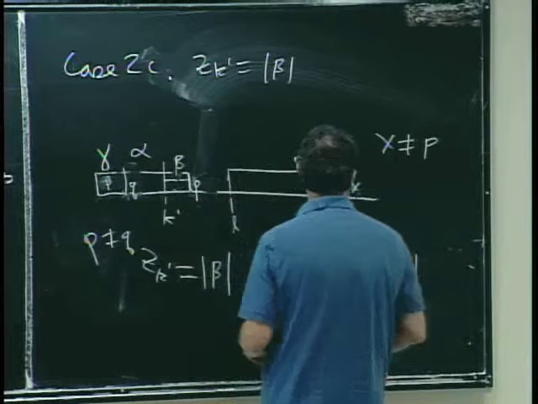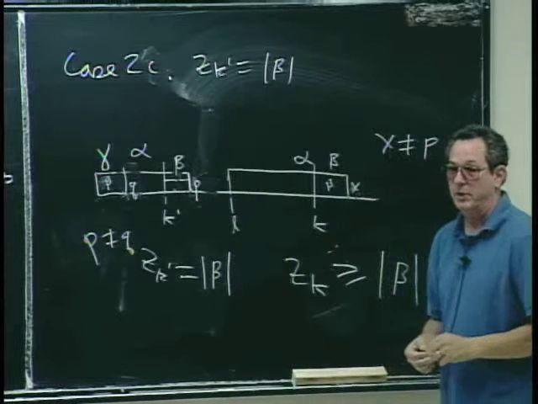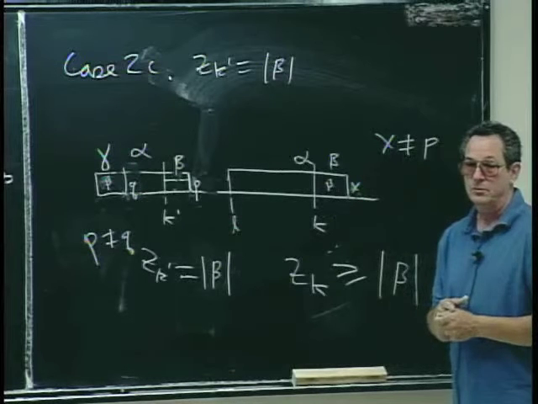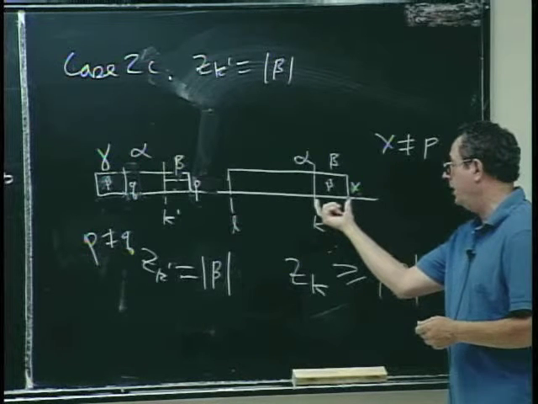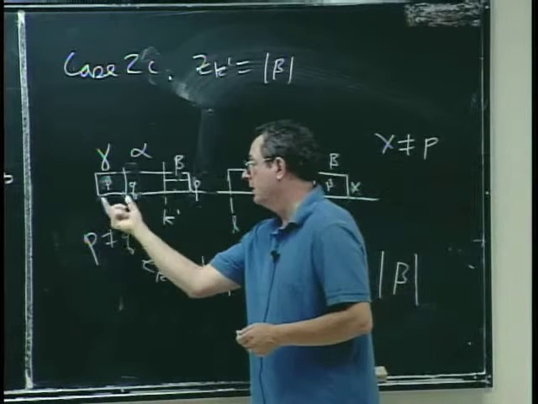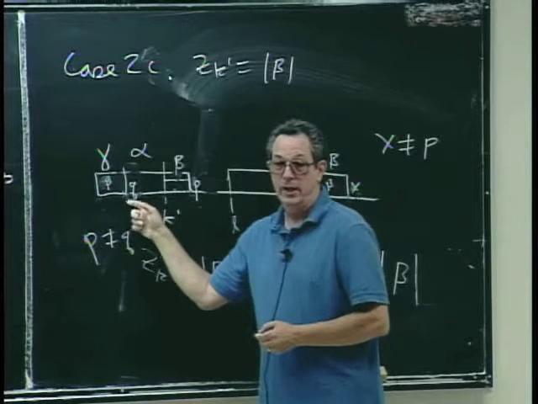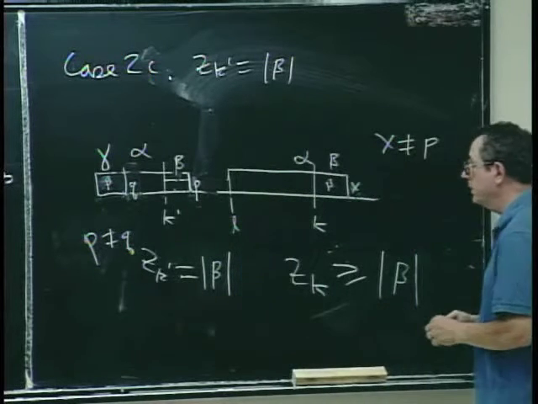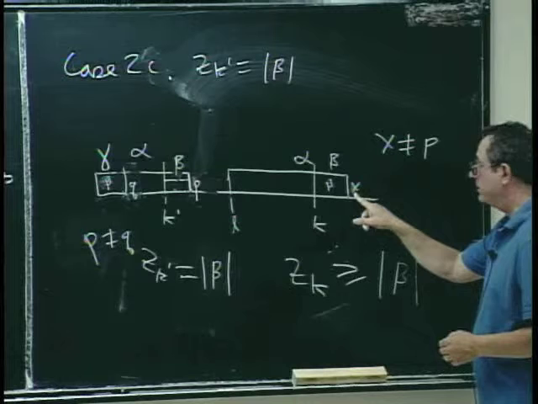So definitely x is not equal to P. But what do we mostly care about in terms of computing zk? We know that starting from k, we have this substring beta that matches a prefix. And the next character over here is Q, and Q is not equal to P also. So we still have the possibility that x could be equal to Q.